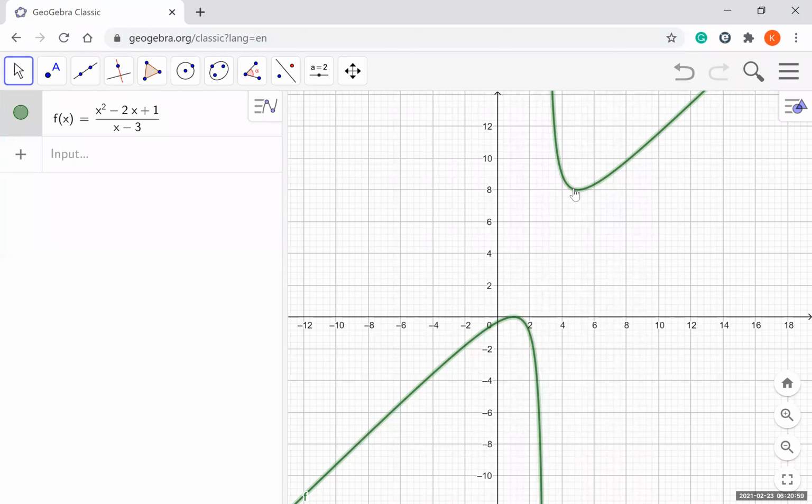And this one, when x is 5, your y is 8, that is the minimum by definition, right? It is the bottom of the valley. So it is okay to have a maximum that is smaller than the minimum in the case of relative or local minimum and maximum situations.